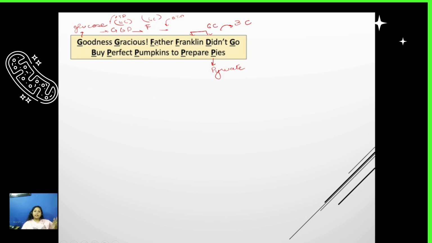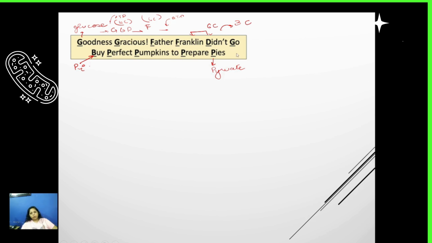Again phosphate is added, but not with the help of ATP. Here the free phosphorus is going to attach to produce phosphoglycerate. Then phosphoglycerate produces phosphoenolpyruvate, and this is how the pyruvate is going to form.